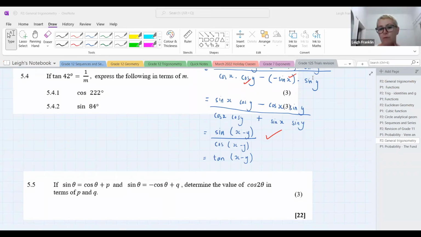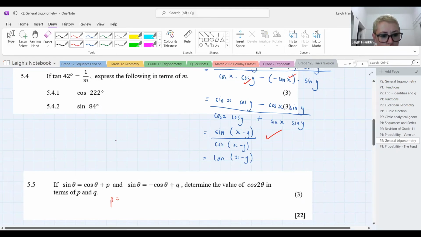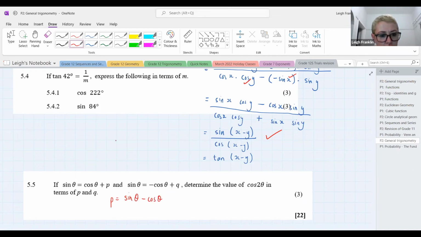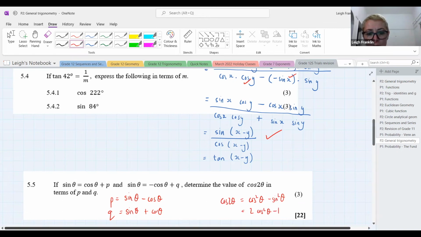So in other words, what you've got over here is P is equal to sine theta minus cos theta, and Q is equal to sine theta plus cos theta. On your formula sheet, cos 2 theta is equal to 3 things. Either it's equal to cos squared theta minus sine squared theta, or it's equal to 2 cos squared theta minus 1, or it's equal to 1 minus 2 sine squared theta, isn't it?